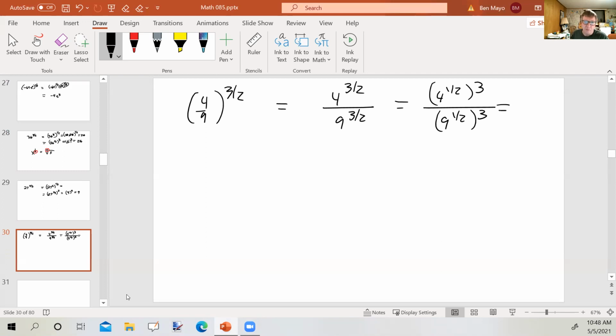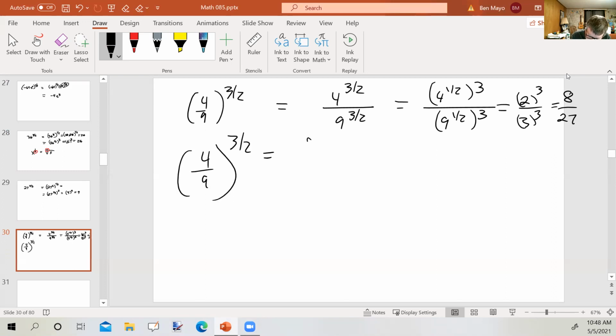Again, I'm going to take the root and then the power. 4 to the 1/2 power is 2. 9 to the 1/2 power is 3. 2 cubed is 8. 3 cubed is 27. So 4/9 to the 3/2 power equals 8 divided by 27.